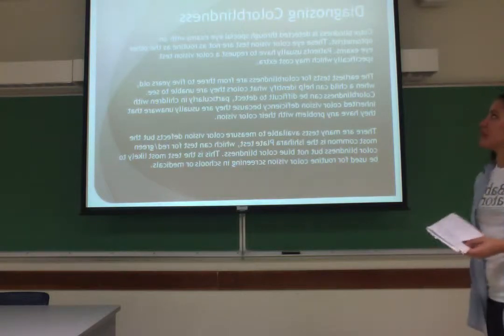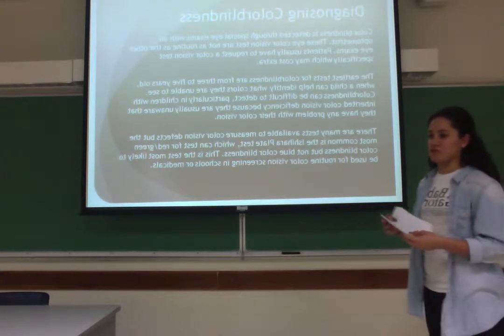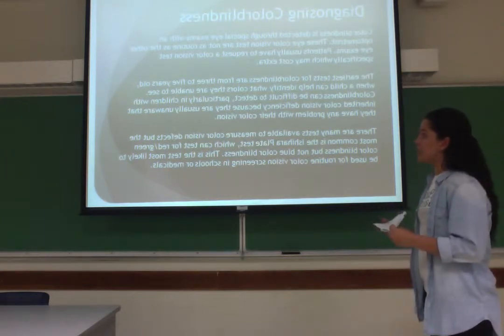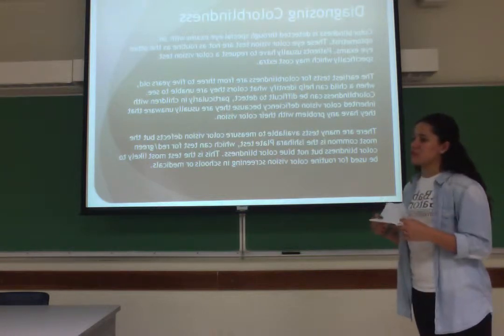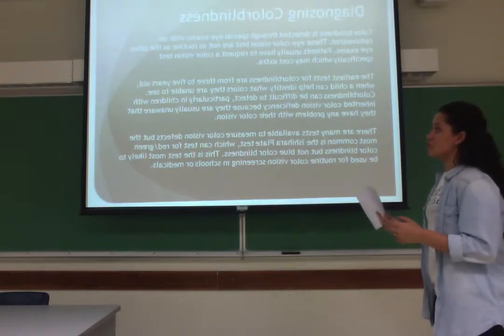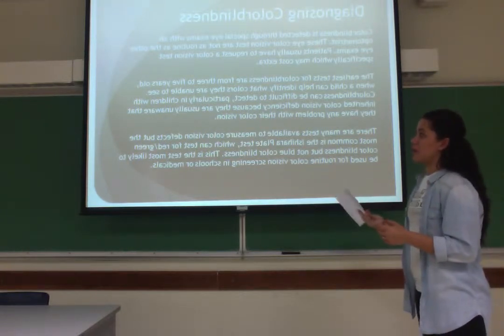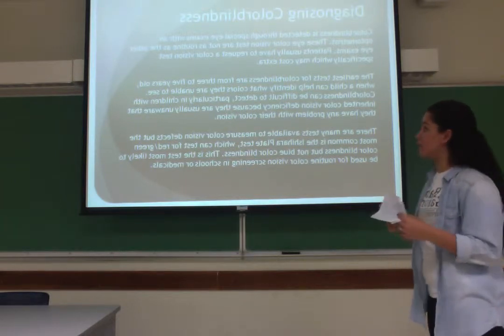This slide talks about diagnosing colorblindness. Based on the research that we did ourselves by giving surveys to people that were colorblind, our candidates told us that they were mostly diagnosed between the ages of 6 and 12. Based on the research we had done online, most children are diagnosed between the ages of 3 and 5.